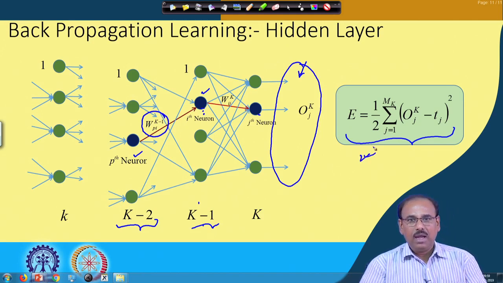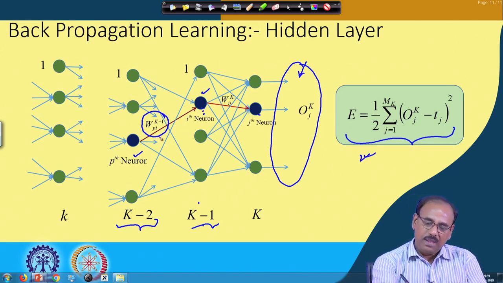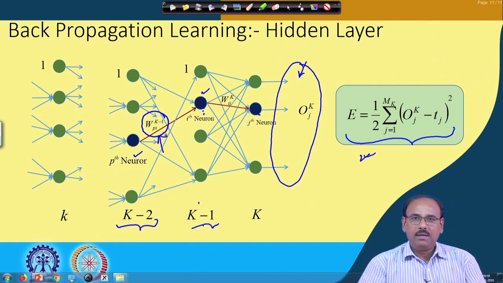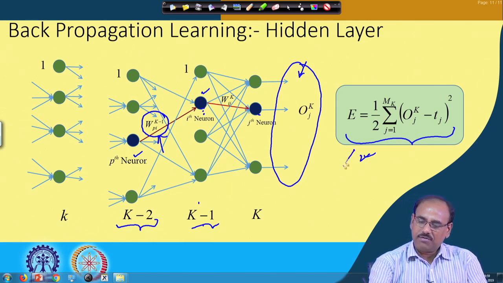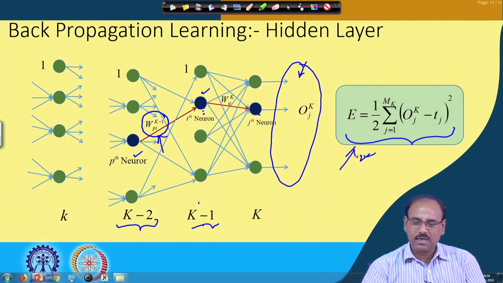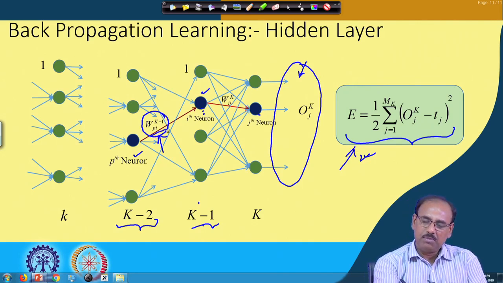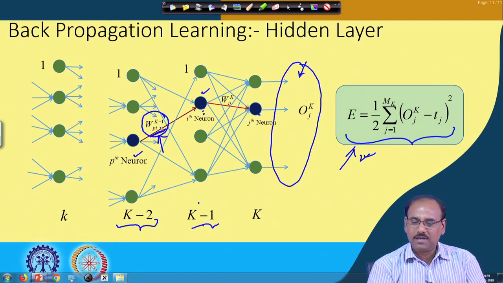Now, in order to update this connection weight Wpi(k-1), what I have to do is take the derivative of this error function E, this loss function E, with respect to Wpi(k-1). It is no more with respect to Wij.